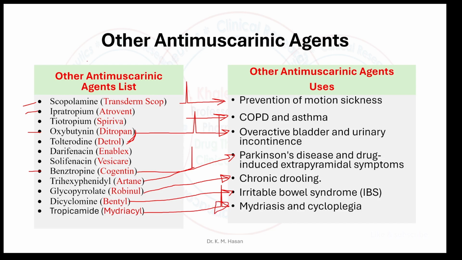So here we have a list of medications, and here you have the clinical use. I will repeat what we have for other antimuscarinics: scopolamine, ipratropium, tiotropium, oxybutynin, darifenacin, solifenacin, benztropine, trihexyphenidyl, glycopyrrolate, dicyclomine, tropicamide.